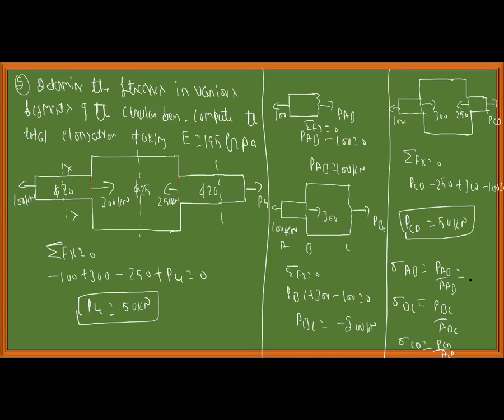PAB we know is 100 kilonewton, so 100 into 10 power 3 by area of cross section, diameter 20 mm, pi into 20 square by 4. Another 2 minutes remaining. I want you to calculate sigma AB, sigma BC, sigma CD and come back at 3 o'clock. Be ready with the value.